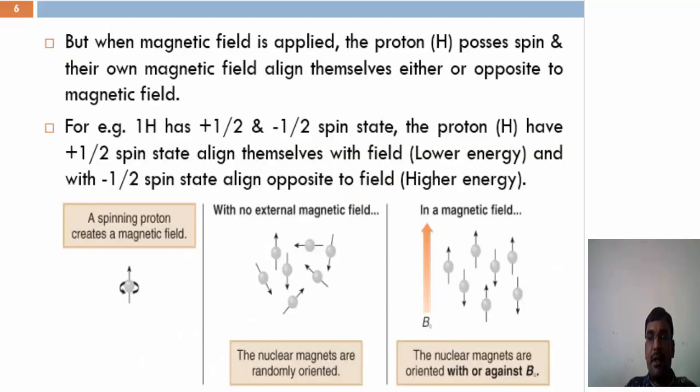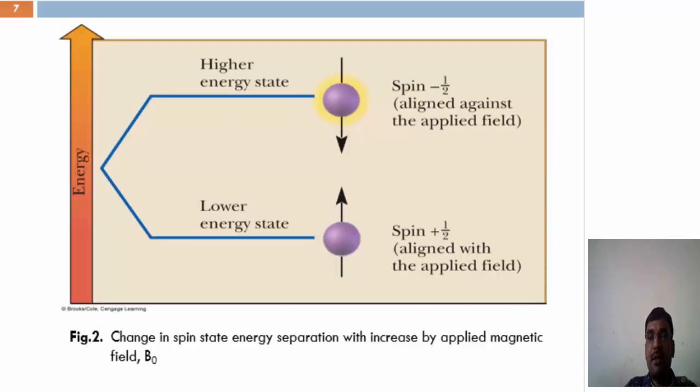When a magnetic field is applied, the proton's own magnetic field aligns itself either with or opposite to the applied field. For example, H1 has a plus 1 by 2 or minus 1 by 2 spin state, as shown in the figure.